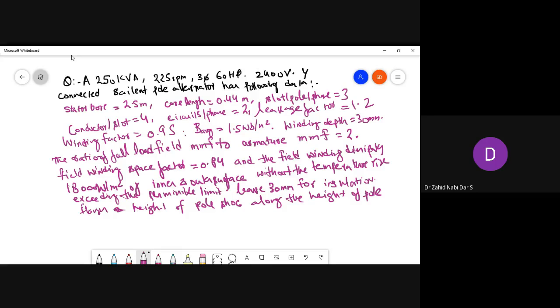Now it is asking you to find, number one, the flux per pole.